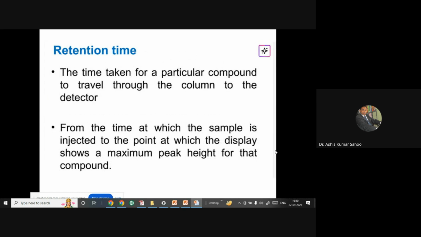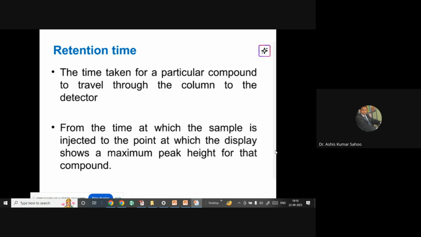So retention time. What is the retention time? The time taken for a particular compound to travel through the column to the detector. That is called retention time.